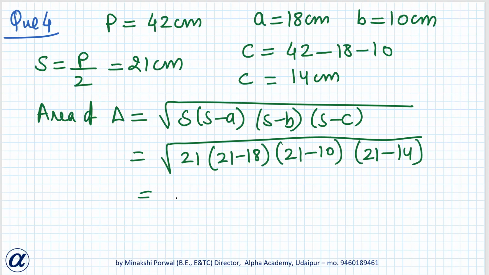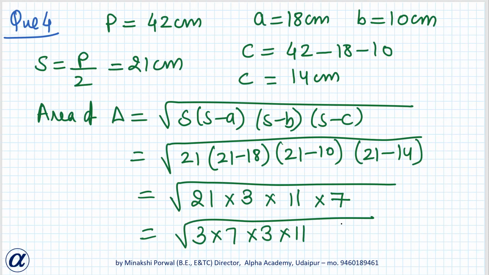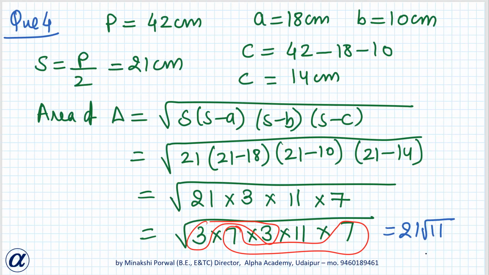So under root of 21, 21 minus 18 is 3, 21 minus 10 is 11, and 21 minus 14 is 7. Okay. Obtain prime factorization of 21. It is 3 into 7. So 3 into 7 into 11 into 7. So when we make pairs, 3 and 3, one pair is this, and 7 and 7, another pair is this. So it will be 3 into 7, 21 root 11 centimeter square. This is the answer.